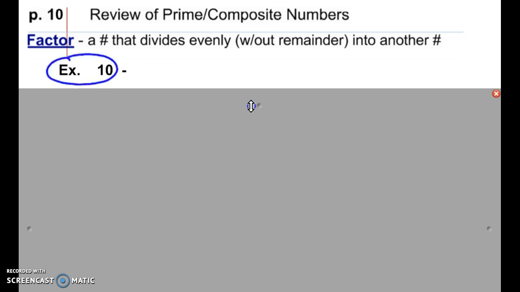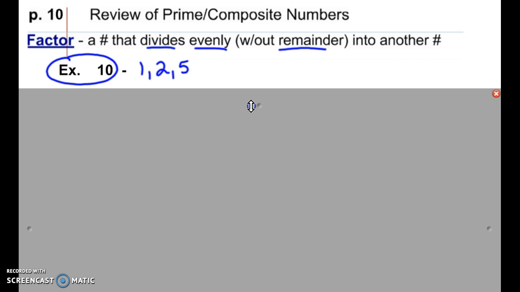Okay, so thinking about the number 10, I'm going to think of numbers that divide evenly into 10 without a remainder. So 1 is a factor of 10 because 1 goes into 10 10 times. 2 is a factor of 10 because 2 goes into 10 5 times. 5 is a factor of 10 because 5 goes into 10 evenly.